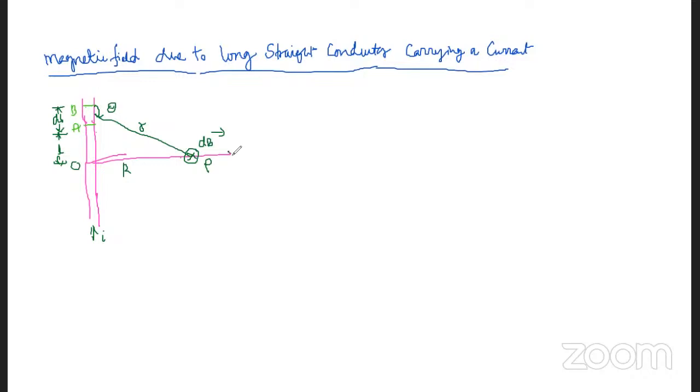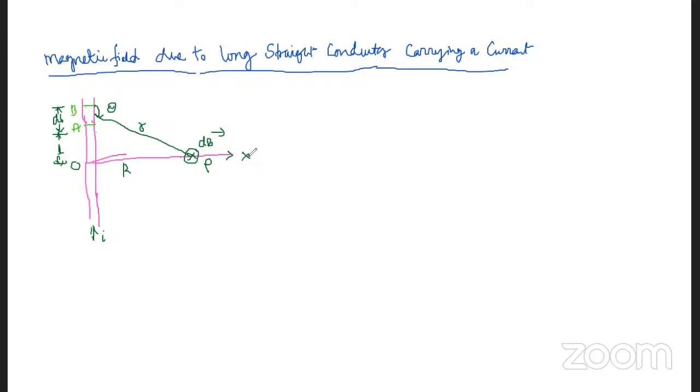We have to derive the magnetic field induction at a point P located on the x-axis, at a distance of r.